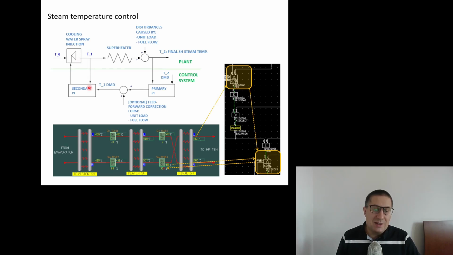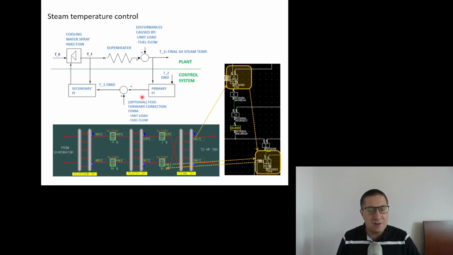And in such a configuration, the secondary PI controller tries to keep this T1 temperature on the desired level. Right? So this is a fast control loop, a fast, aggressive controller that can really get this T1 temperature to the set point in seconds.